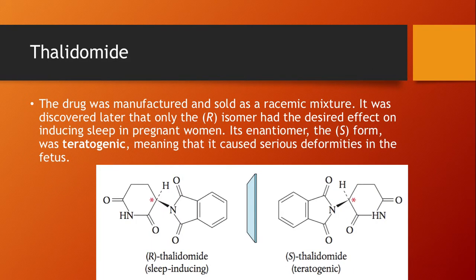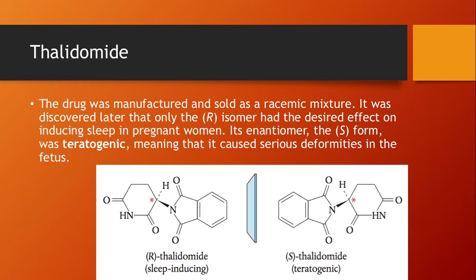One of the biggest examples of this is the drug thalidomide. The drug was initially manufactured and sold as a racemic mixture. We can see the 2 examples of thalidomide with the chiral carbon center labeled on each one, so we see our mirror image. But it was discovered that only the R isomer, which is given on the left here, had the desired effect, which was to induce sleep in pregnant women.